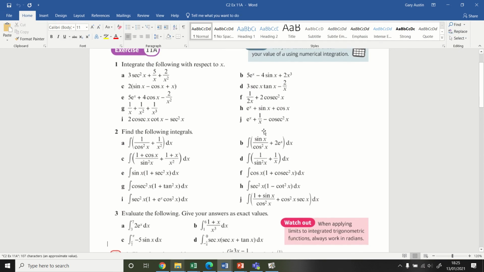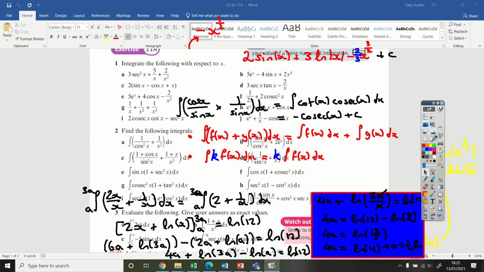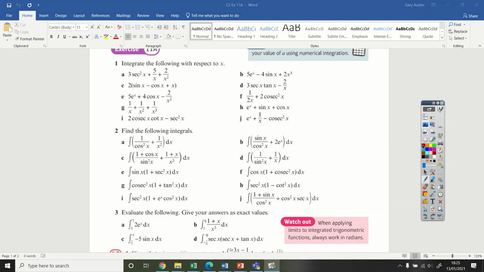Okay, all right, 11a. So we've got a bunch of integrals here. What you might want to do is just choose a selection of each question, because there's quite a lot there. So I would suggest maybe 5 of these first 2. Maybe let's do alternating ones like that. That's probably a good selection. You don't have to do those ones, just pick until you've kind of got the hang of it, and then the same for these ones.